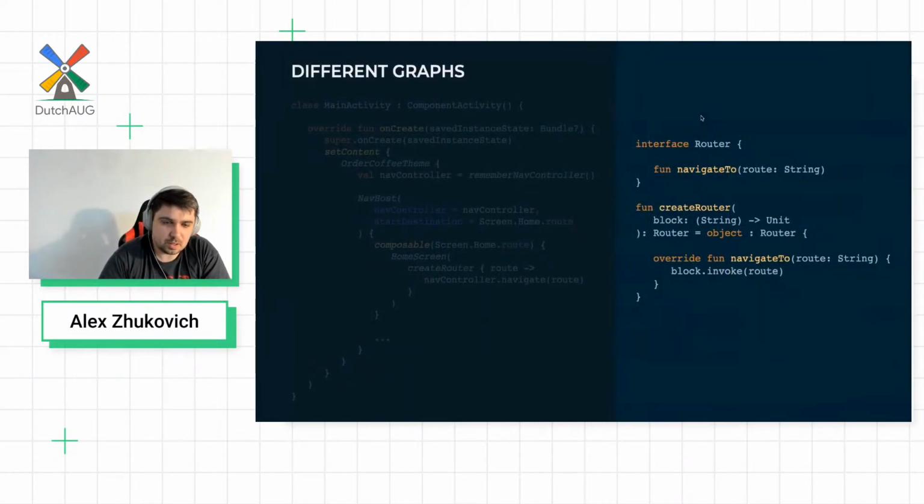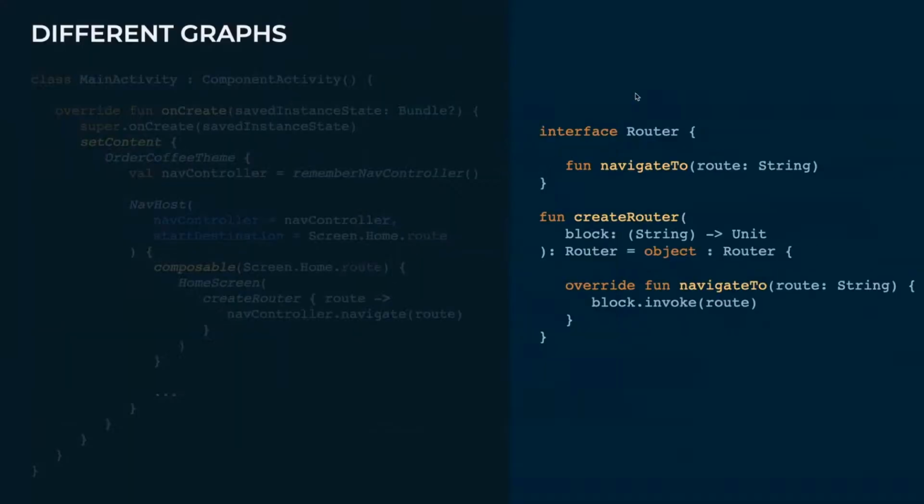As in my application, from the main activity I have my root nav host, which can replace the completely full screen. And if I want to open a full screen from a child graph, which can do navigation only in a small container, we can provide a simple router interface with navigateTo functions, which provide only the root, and simple functions we just beautified a bit.